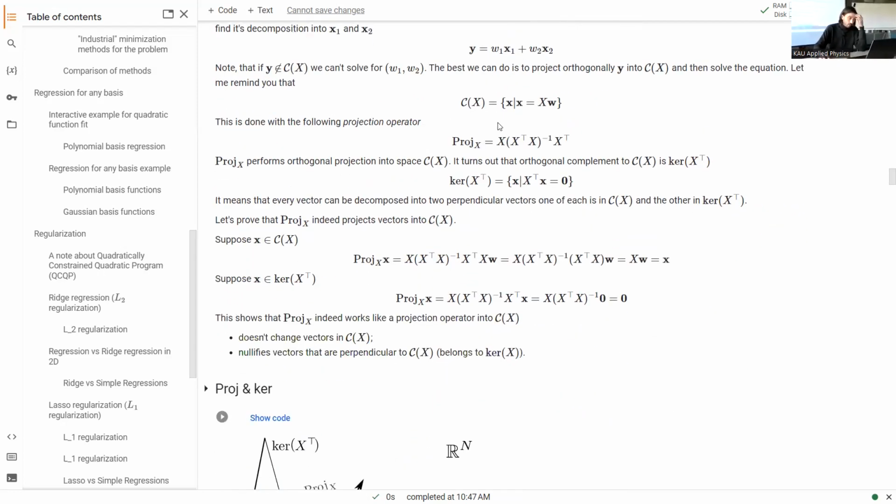And now let's check where it leads us. All in all, I will not go through all this math, so maybe you can check that on your own.